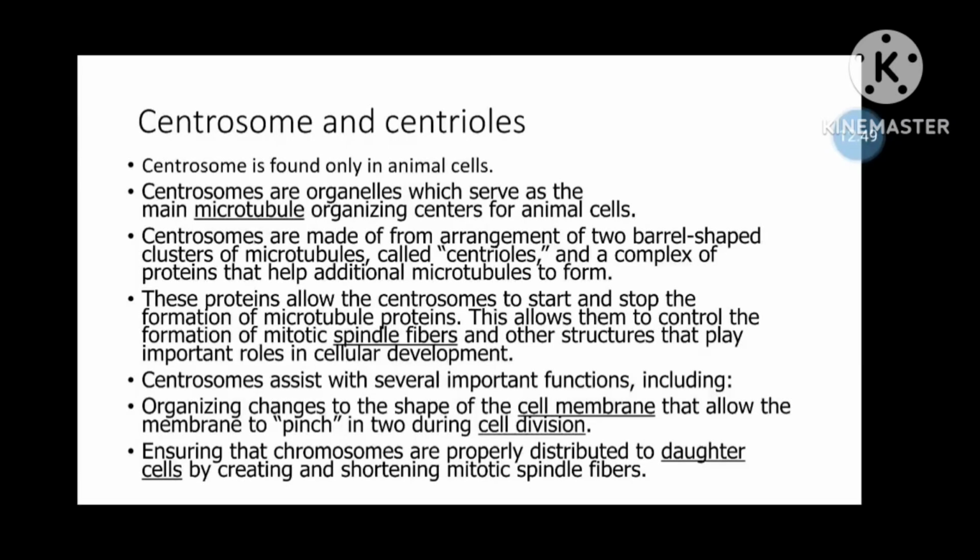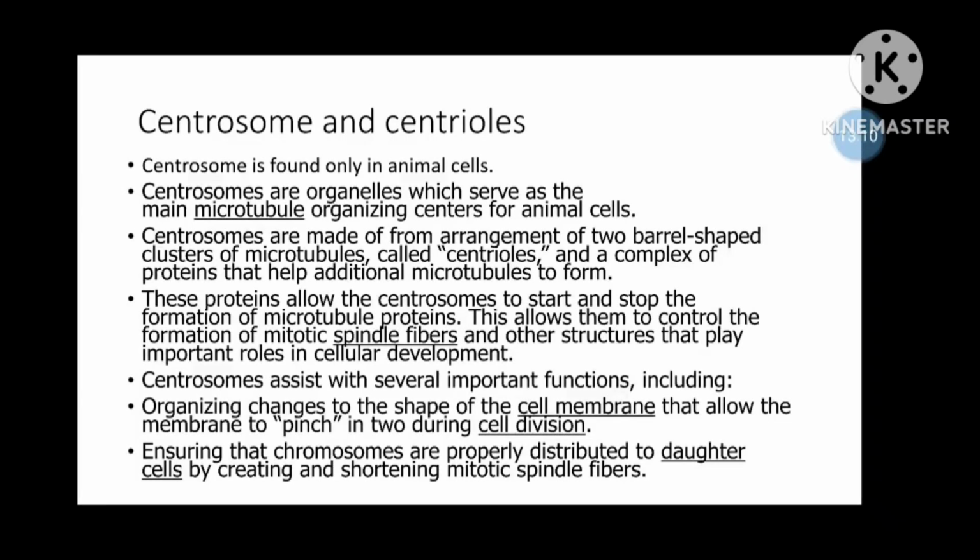This allows them to control the formation of mitotic spindle fibers and other structures that play an important role in cellular development. The production of spindle fibers and microtubules takes place during cell division.